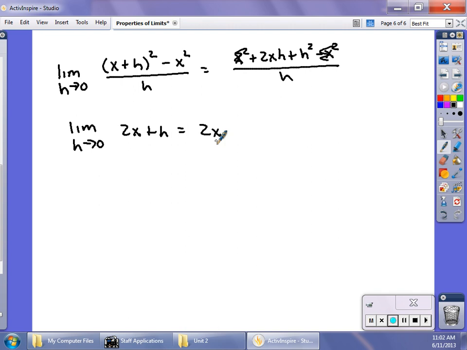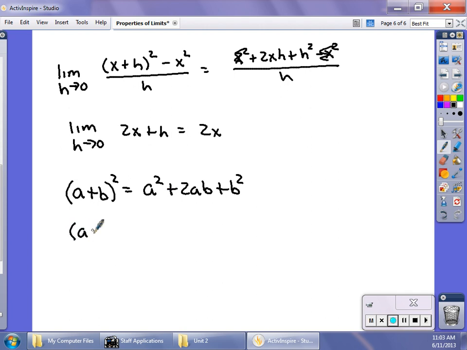But just go back to this x plus h squared, knowing the square pattern. If you're trying to square a binomial, if I have a plus b or a minus b squared, it's a squared plus 2ab plus b squared. The only difference if that's minus is that's minus. You also should know how to cube it.